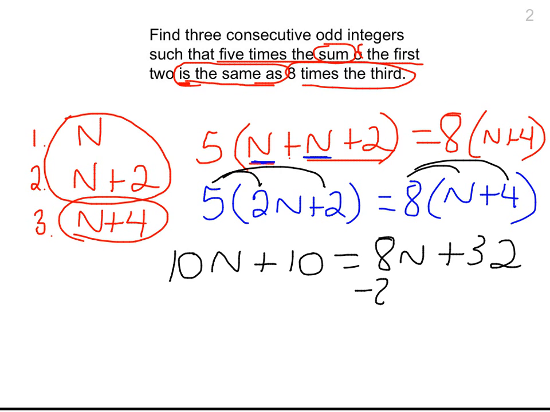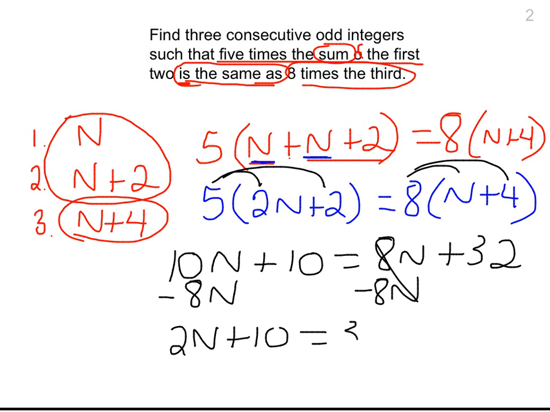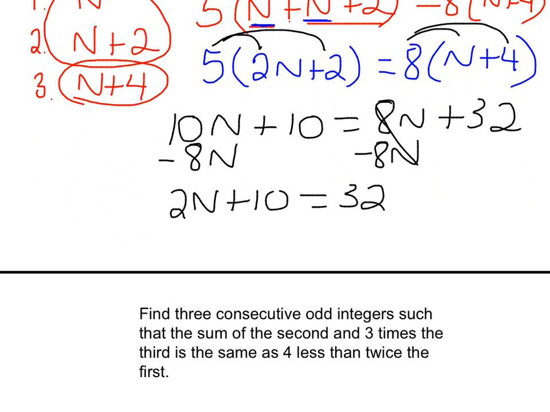So now we'll move this smaller n over here, and we'll get 2n plus 10 equals 32. So now subtract 10 from both sides, and I'm going to write it over here. You get 2n equals 22.